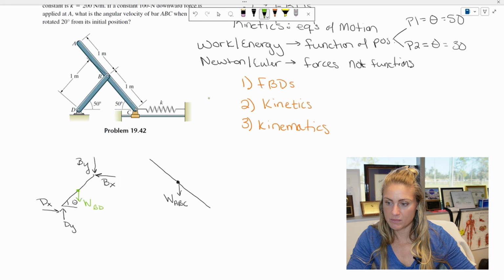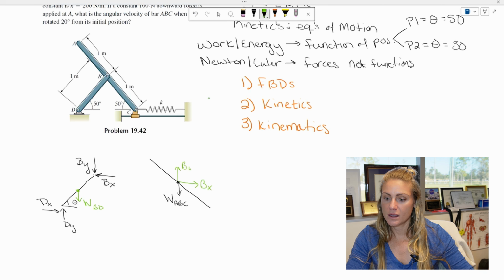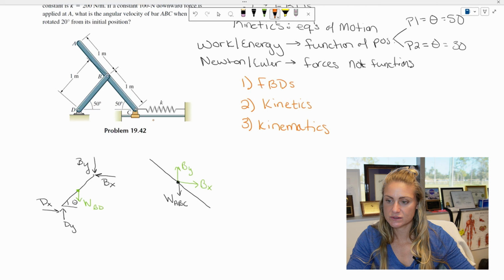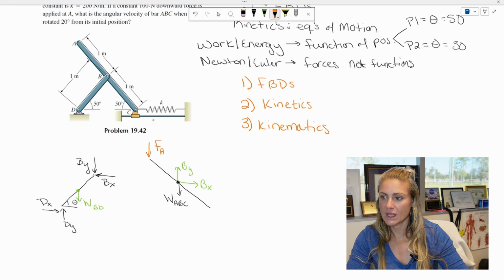So on this one, I'm going to make Bx positive, and I'm going to make By positive. I also need to represent the downward force at A, so I'm going to call it the force at A. I also need to represent my spring force.